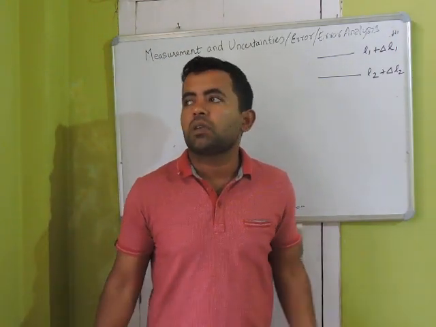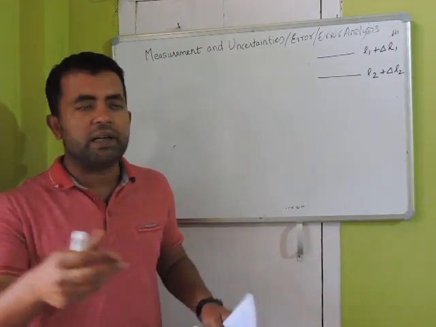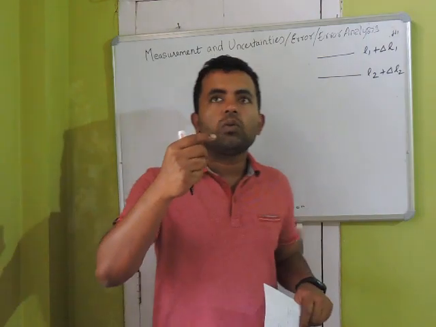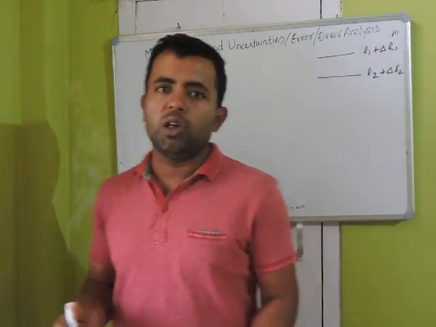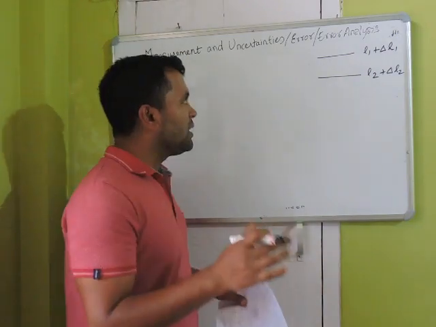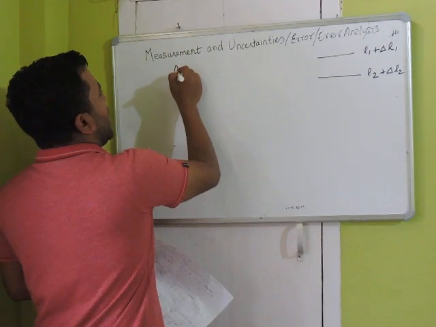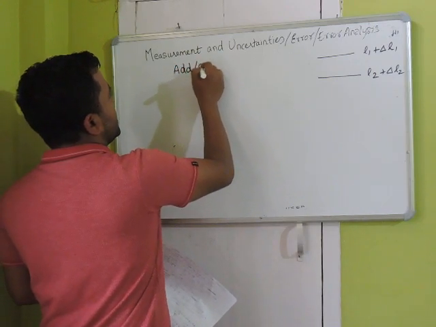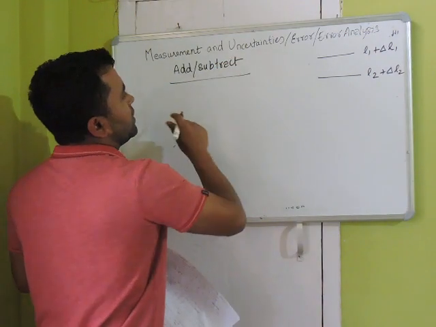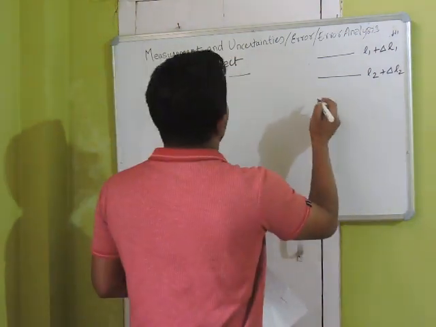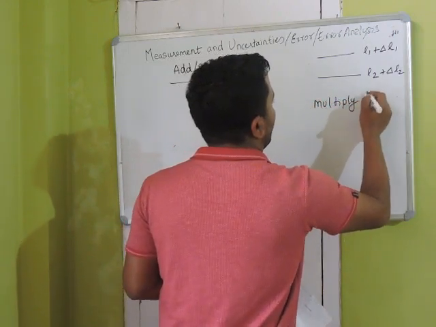And suppose I have error in distance measurement and time measurement, how will error play a role in calculation of velocity? So whatever I said can be summarized into how errors add or subtract, and how errors multiply or divide.